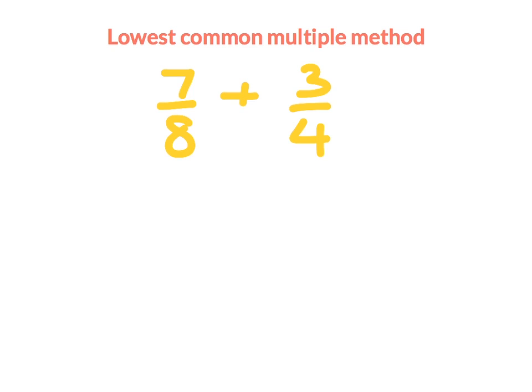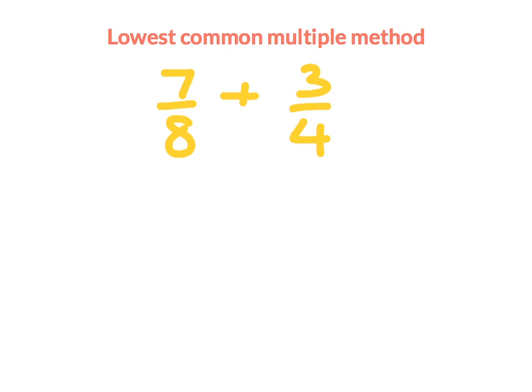In this example, we have two denominators, 8 and 4, and these two denominators are different. Therefore these two fractions are unlike fractions. So when you're adding unlike fractions, one method that you can use is to find the lowest common multiple between these two denominators. So let's try and do that.